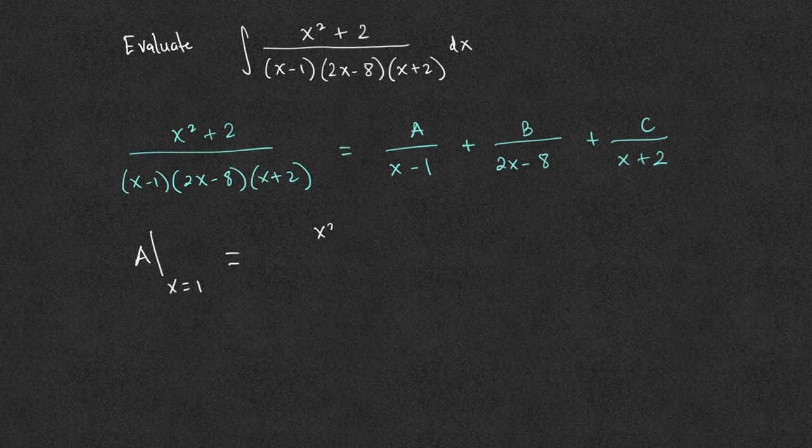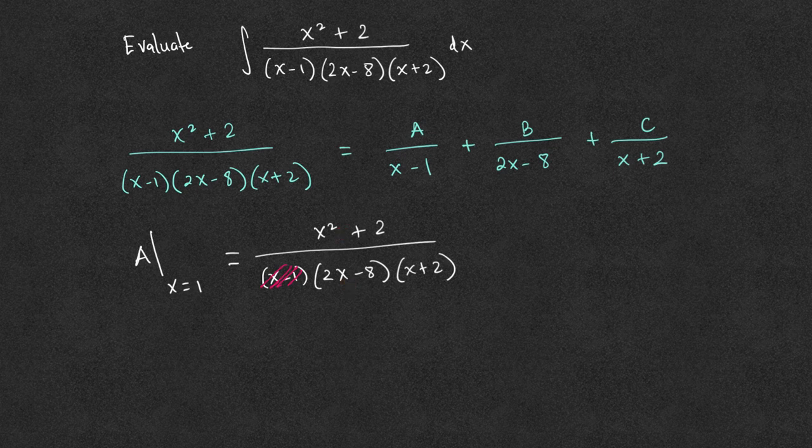preferably in the factored form, if it is not already in factored form. This is (x squared plus 2) over (x minus 1)(2x minus 8)(x plus 2), but we need to cover the factor x minus 1. Otherwise, if we plugged in 1, we would have 0 in the denominator and we cannot divide by 0.